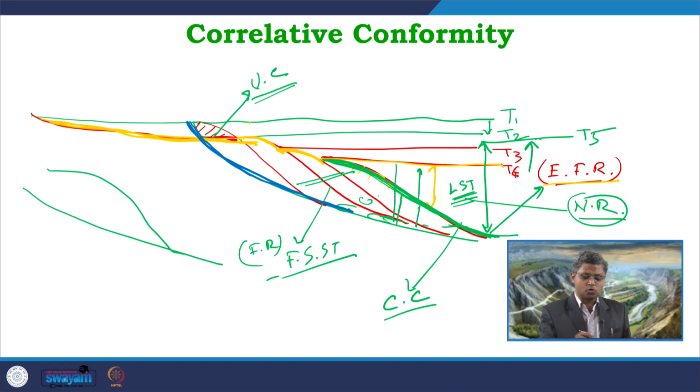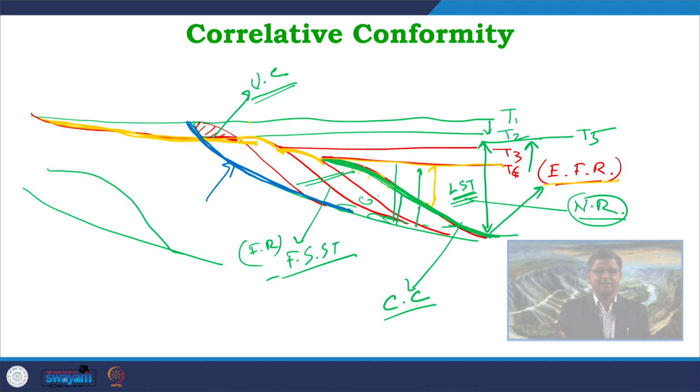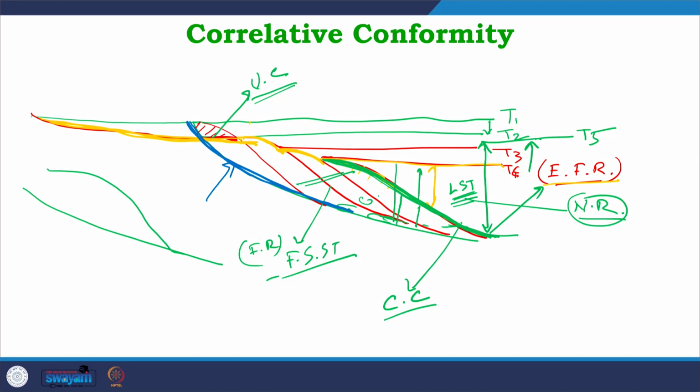As per that school, this surface indicates the correlative conformity. But with modern ideas, as the subject has developed, this particular surface is no more considered as correlative conformity, but is considered the basal surface of forced regression. We will discuss this particular surface, the basal surface of forced regression, in our next class.